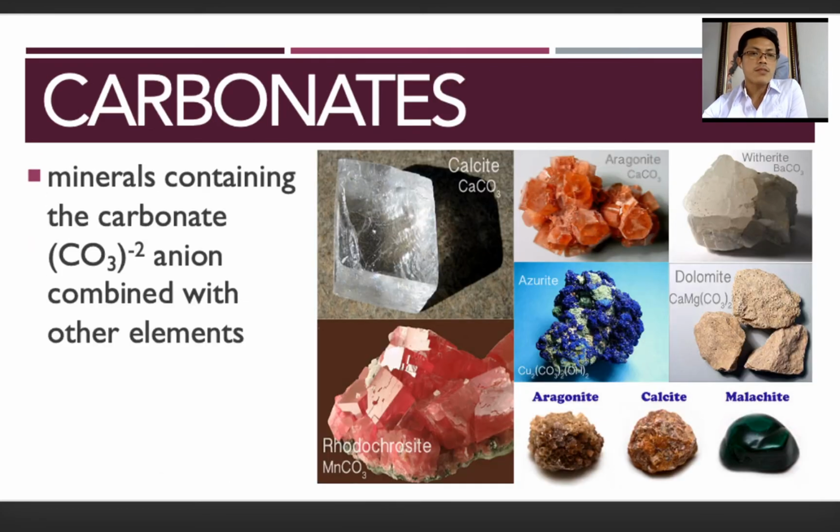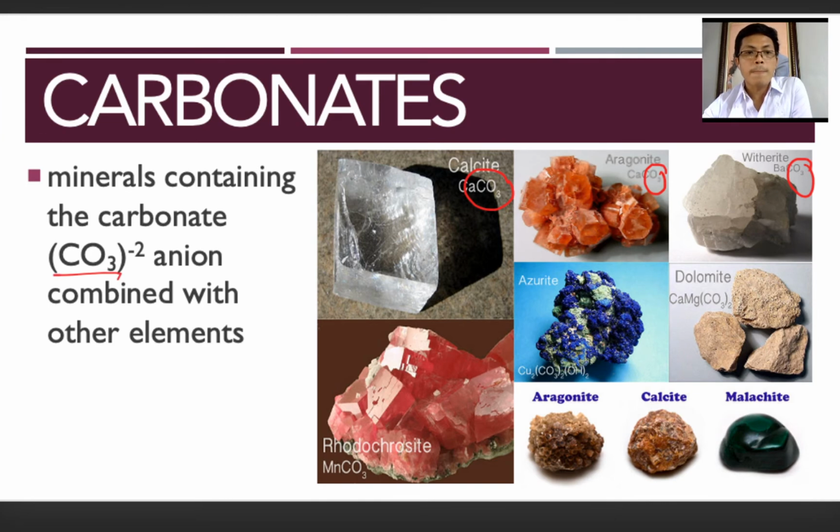Next, carbonates: minerals containing the carbonate CO3 anion combined with other elements, like calcite. Examples are aragonite, witherite, calcite, malachite, and azurite. They have CO3 in the anion part.